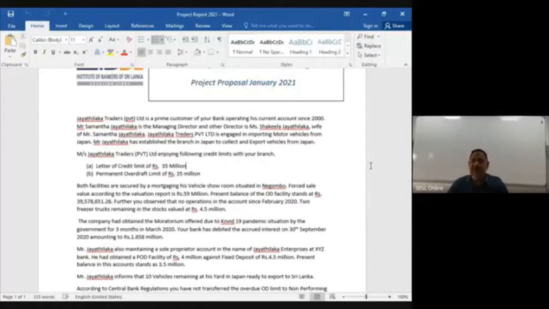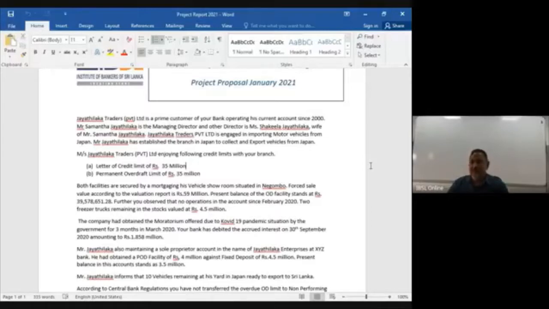Mr. Jatilaga has established a branch in Japan to collect and export vehicles from Japan. So he has a branch of this company in Japan to collect vehicles and export them to Sri Lanka, to his mother company.